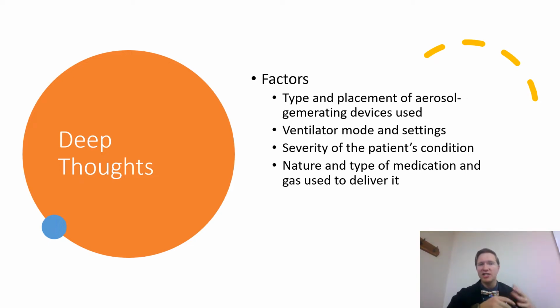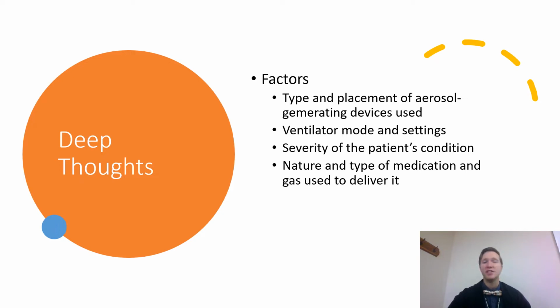The nature and type of medication is going to be very helpful to understand if we're giving a pulmonary vasodilator nebulizer, versus anything else. That's going to help us understand whether we need to use a different concentration of gas, right? The type of medication and then the gas used to deliver it.